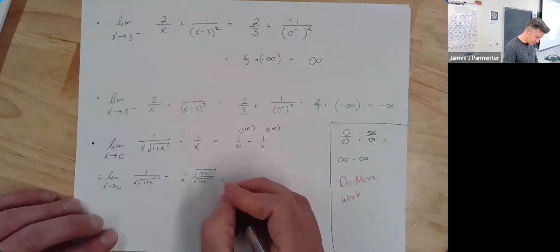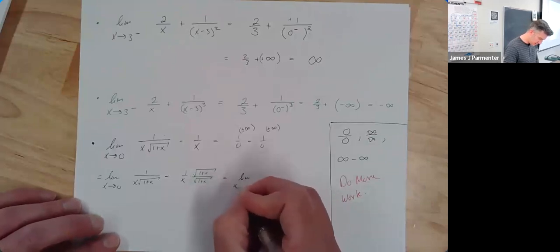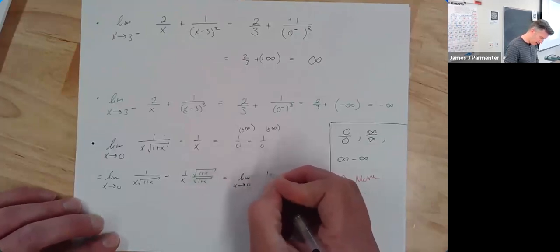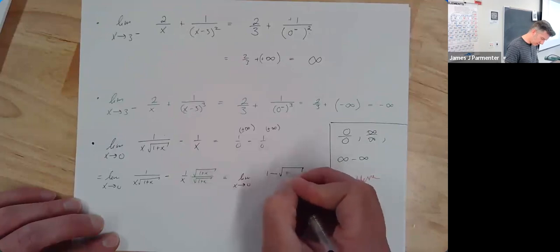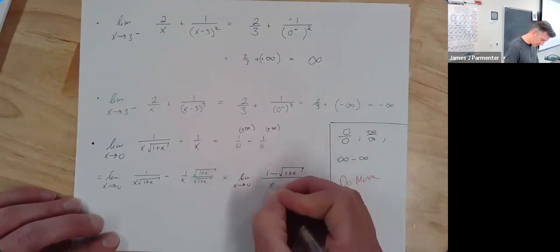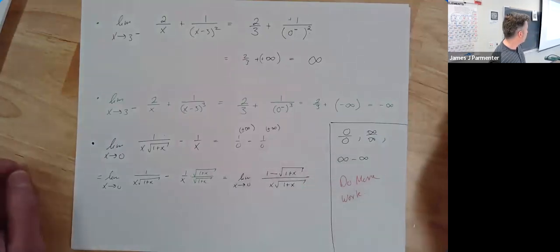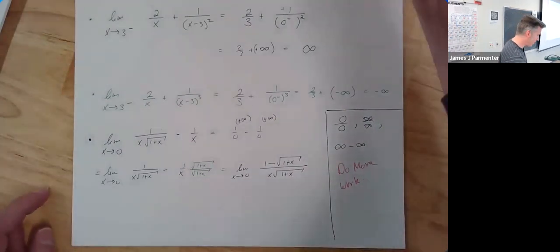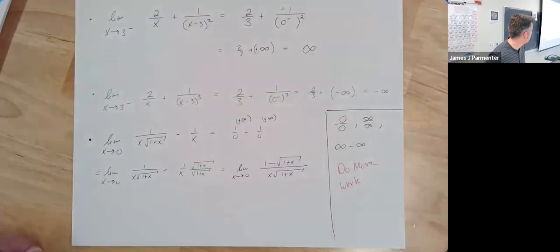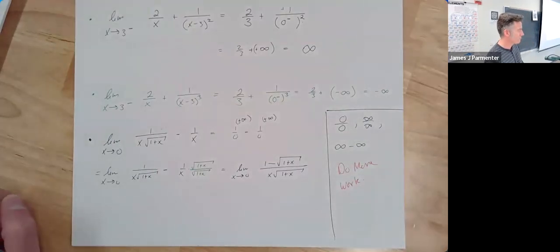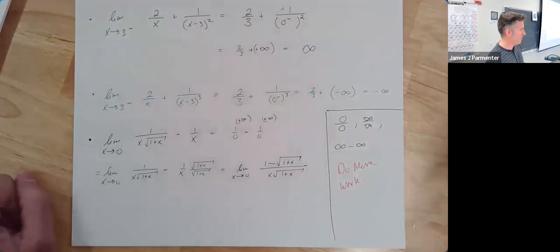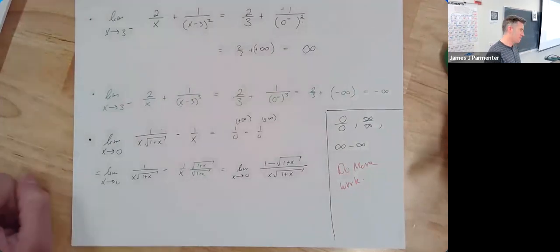Now, if I look at this, I've got the limit as x goes to 0 of 1 minus the square root of 1 plus x, over x times the square root of 1 plus x. And then I should maybe check if I plug in 0 now. Do I get anything good? No, I get 1 minus 1, which is 0, over 0 times 1, which is also 0.